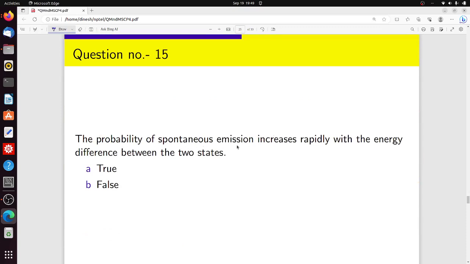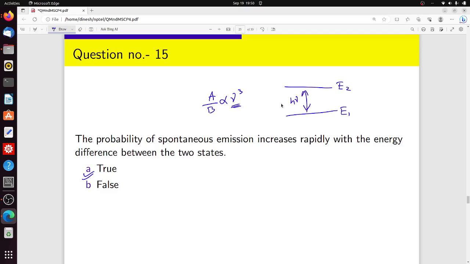The probability of spontaneous emission increases rapidly with the energy difference between the two states. Yes, because a few slides back we discussed this. The A by B ratio depends on nu cubed, and h nu is the energy difference.